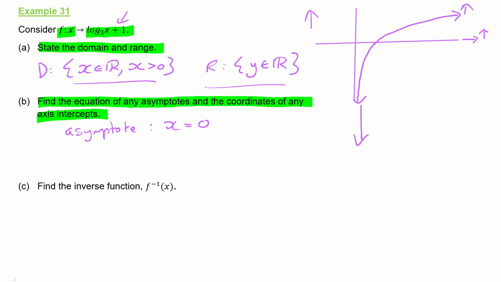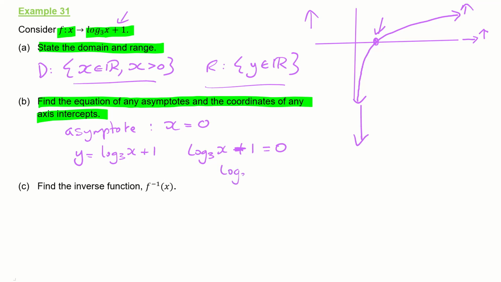The axis intercepts, so if we think about y is equal to log to the base 3 of x plus 1, the x-axis intercept, which is the only intercept, is when y is equal to 0. So what we get is log to the base 3 of x plus 1 is equal to 0.